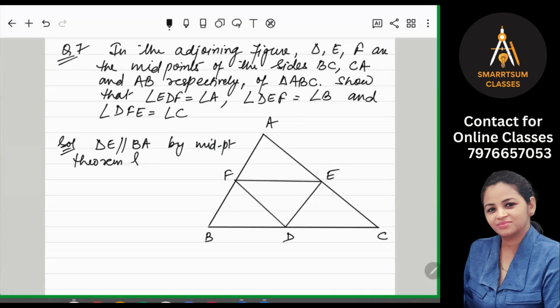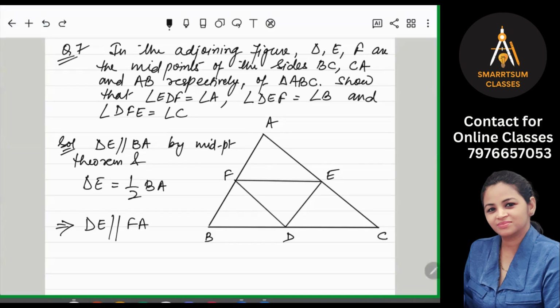And DE will be half of BA, according to the midpoint theorem, because the line joining the midpoints of two sides of the triangle will be parallel and equal to half of the third side. That means DE will be parallel to FA also, because FA is part of AB only. Since DE is parallel to BA, DE will also be parallel to FA.